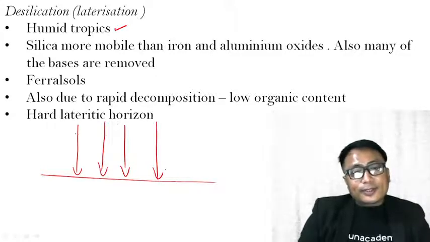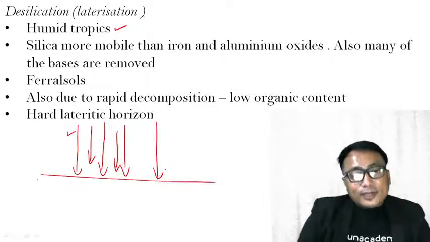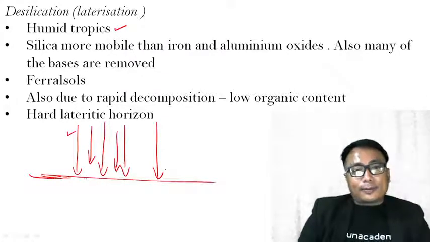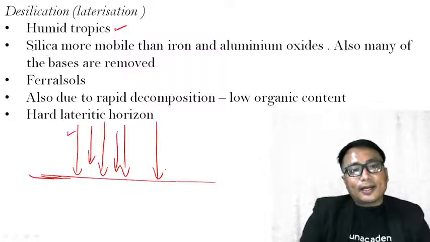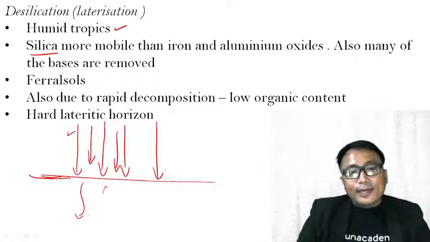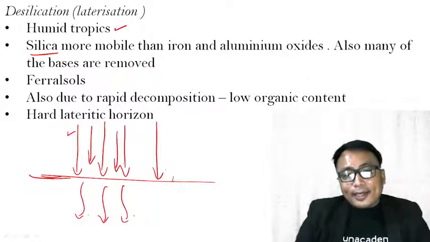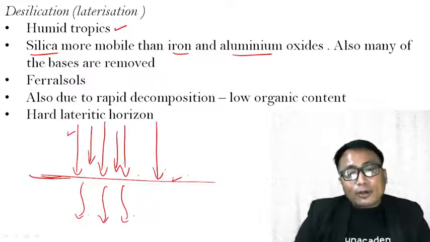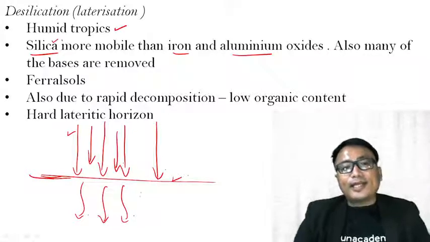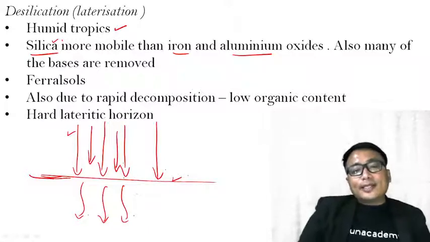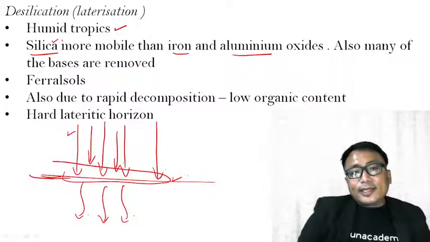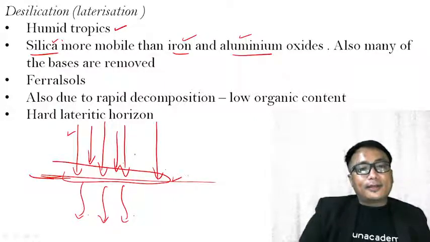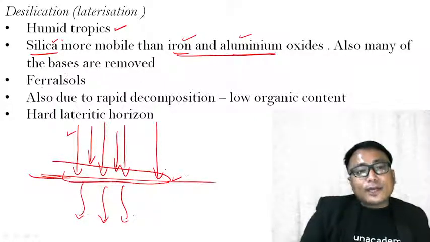When the rainfall is very high, from the top layer of the soil all the important bases, including the silica, will be removed and leached below, leaving behind on the surface iron and aluminium oxide, which are not as mobile as silica. This results in a top layer of soil rich in iron and aluminium oxide. Such a soil is known as ferrallitic soil.